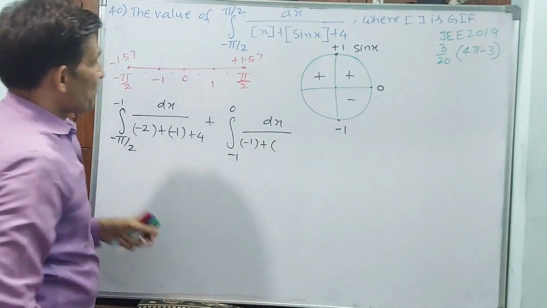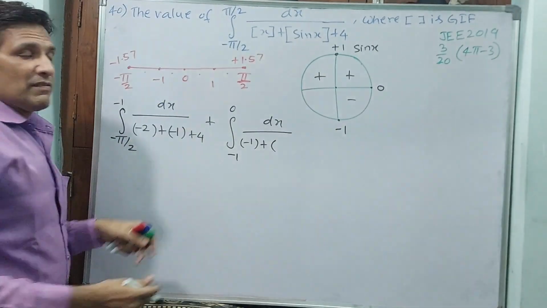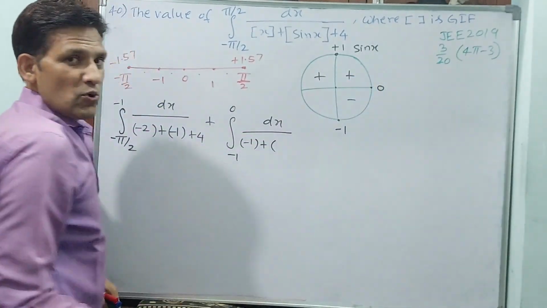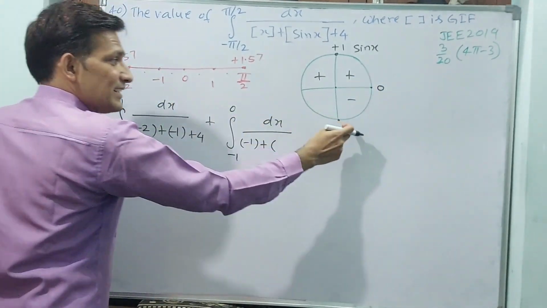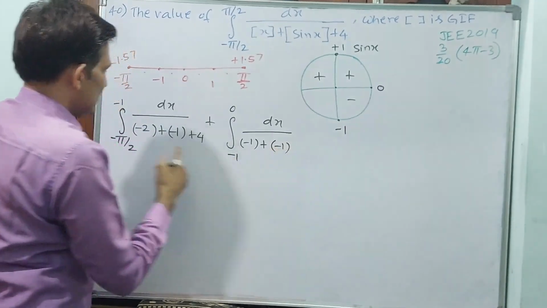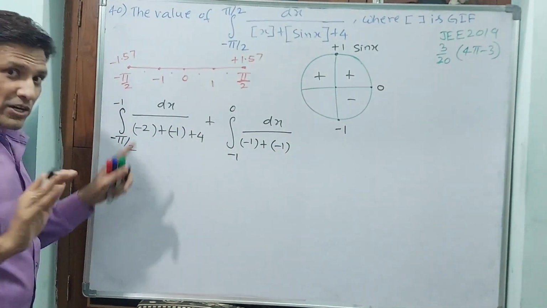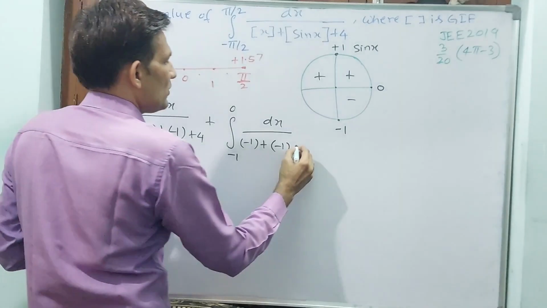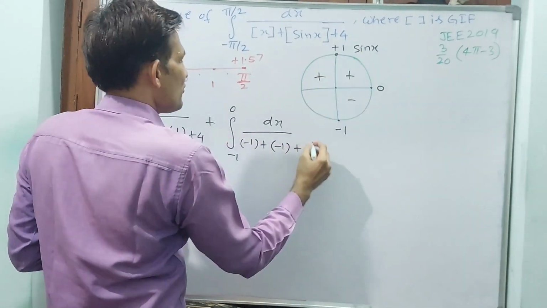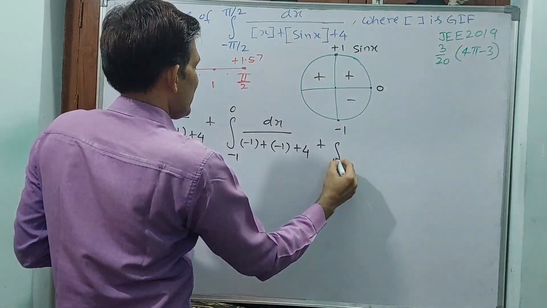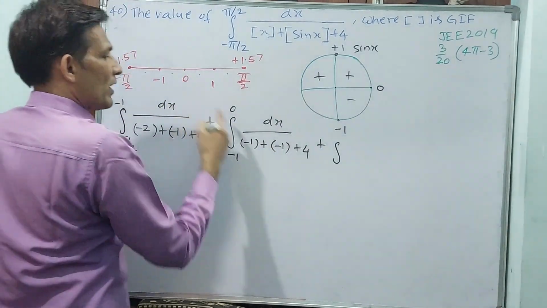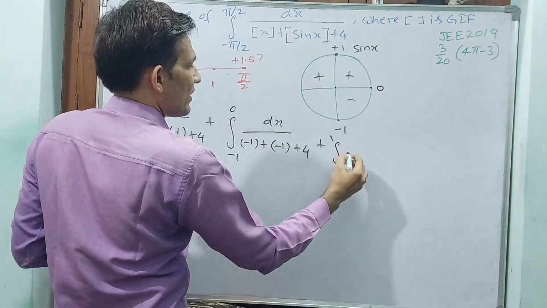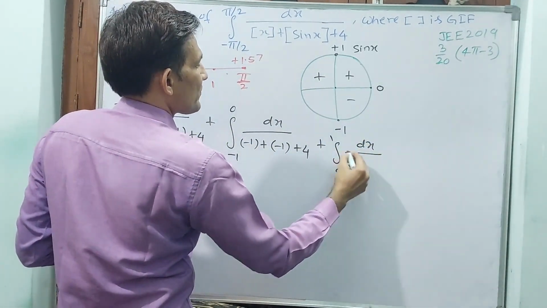Plus. Minus 1 to 1 we are giving, but not greater than 0. For sin x it is coming minus 1 only again. Minus 1, minus 1. You have to understand like this. Plus 4. 4 is not going to change. Okay? Plus integral, now 0 to 1, dx by.